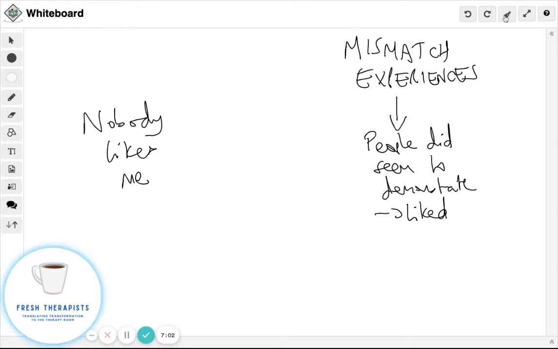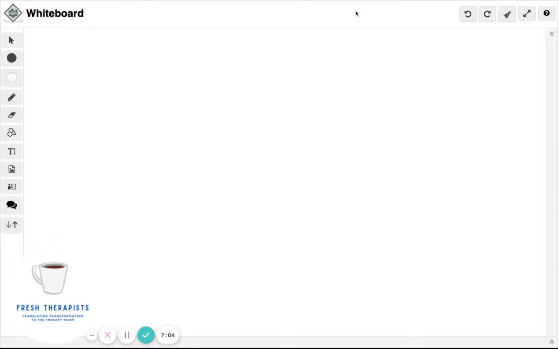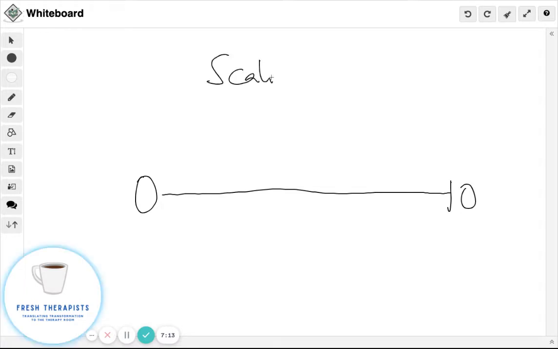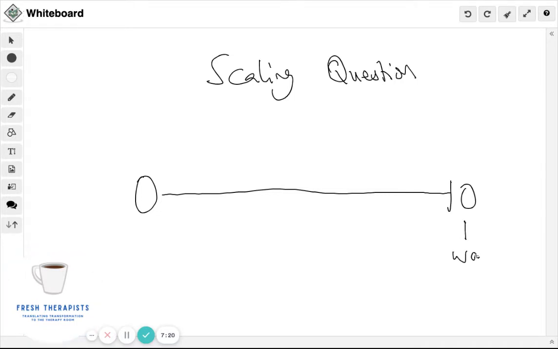So just a quick summary to finish off. One way of coming up with mismatch information, mismatch experiences, is to ask a question around a scale where 10 is the very thing that they want, 0 is the furthest away from that, and ask them where they are at the moment, because sometimes they'll say 0, but almost always they'll say something higher than a 0.